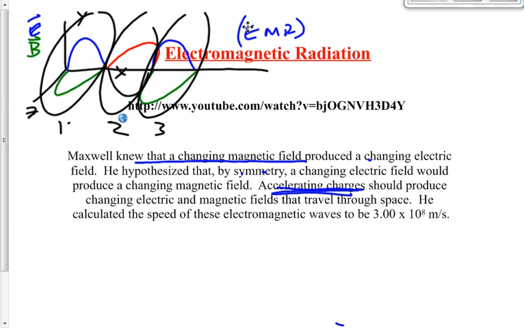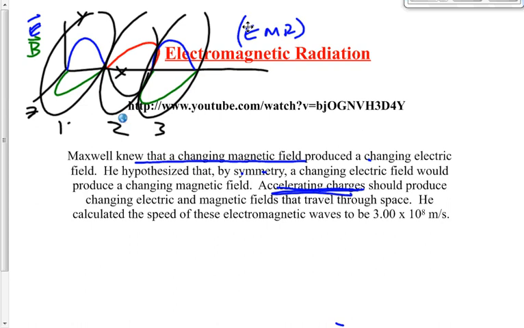If we have a charged particle that's constantly accelerating back and forth, back and forth, then as number 1 gets replaced by number 2, you get a new number 1. And as number 2 gets replaced by number 3, you get a new number 2, and so on and so on. Make sense? So if you just have a quick acceleration of a particle, you get a pulse of a wave.